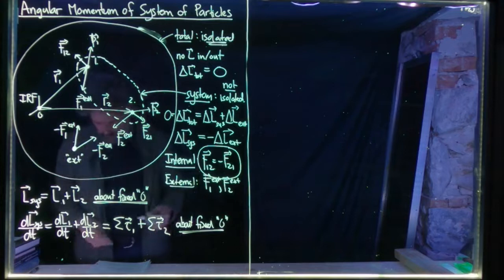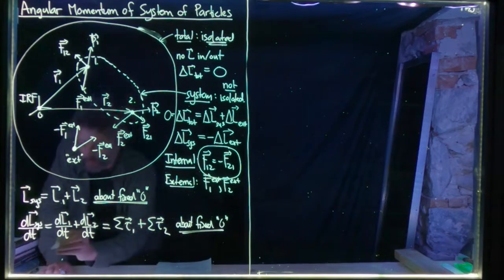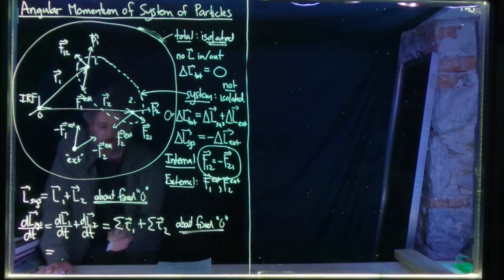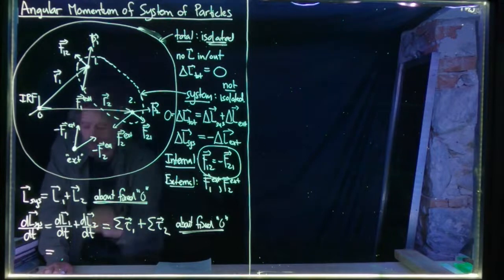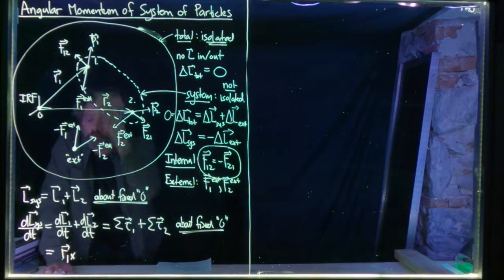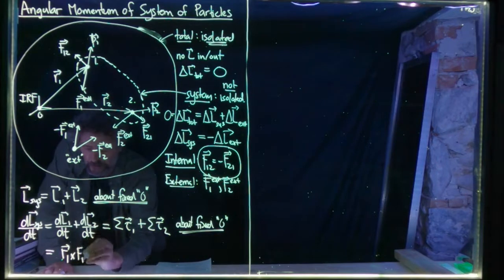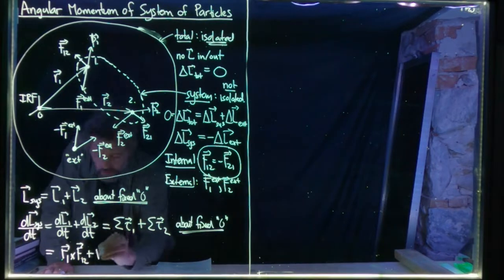Okay, great. So what are these torques? The sum of the torques acting on particle number 1 about that point is going to be R1 cross F12, that's an internal torque, plus R1 cross F1 external.